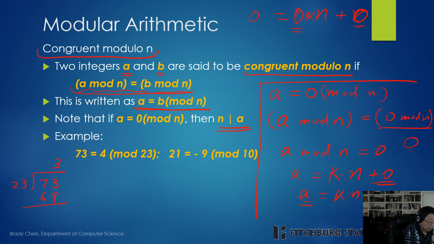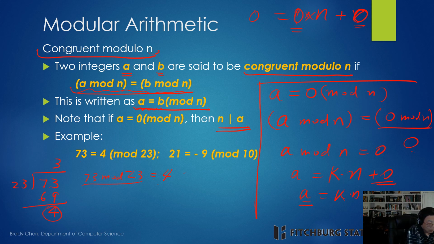And then 73 minus 69 is 4, right? So 73 mod 23 is 4, because when 73 is divided by 23, the remainder is 4. That's by the definition of the mod operation.